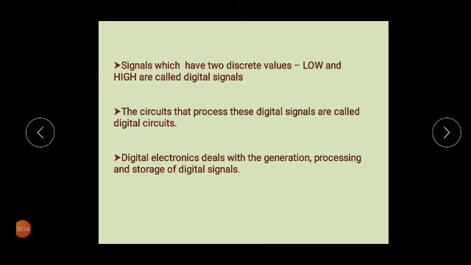First, let us see what are digital signals. Any signal which has only two discrete values, either high or low, is called a digital signal. Unlike an analog signal, it will not have continuous values.